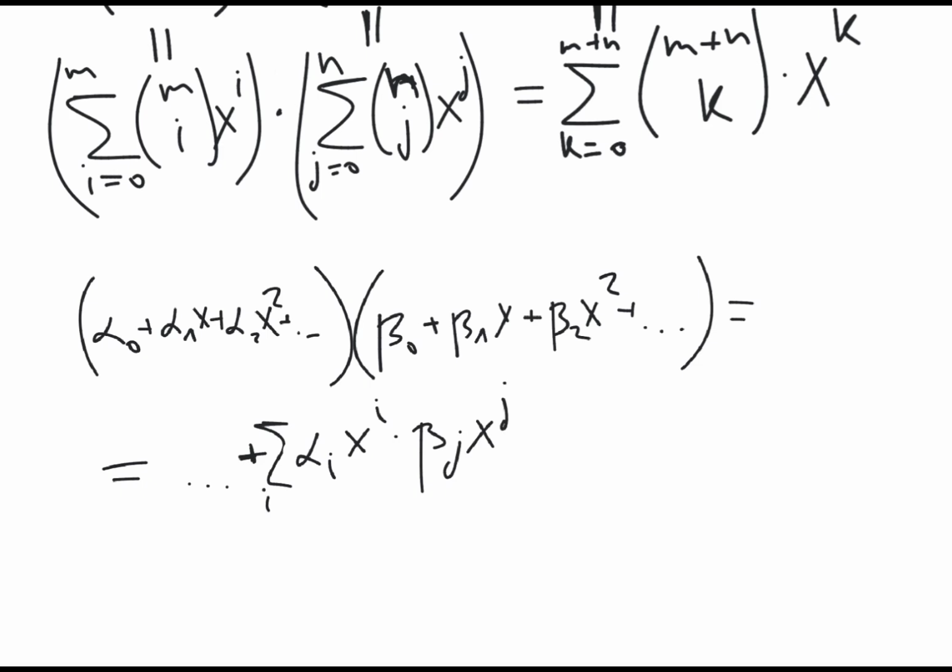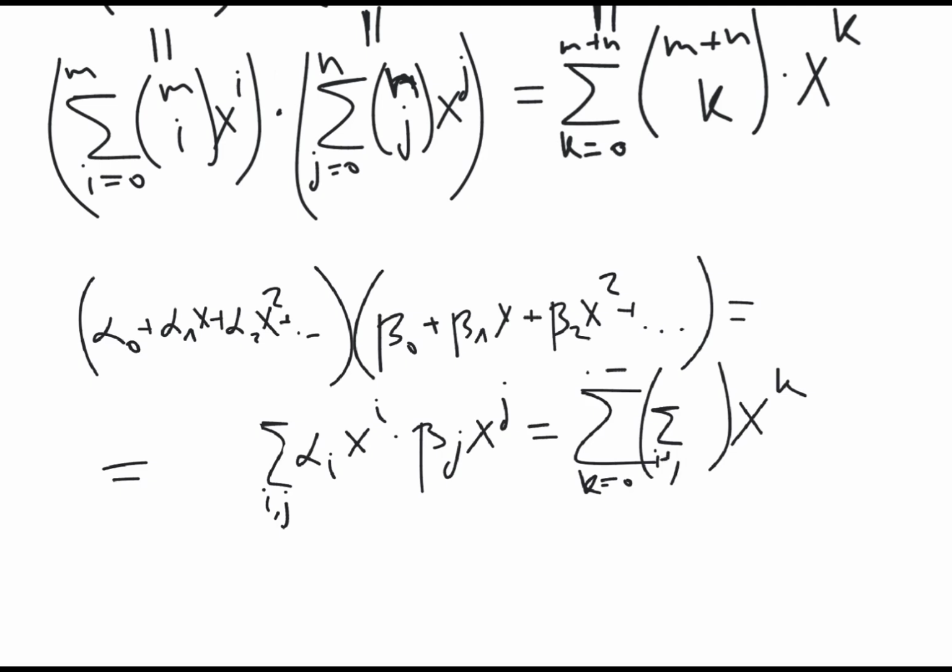So all of this is the sum for i and j, right? But then if you want to get the term in front of x to the power k, we need to get the sum for i. So this is for k from 0 to something, right?